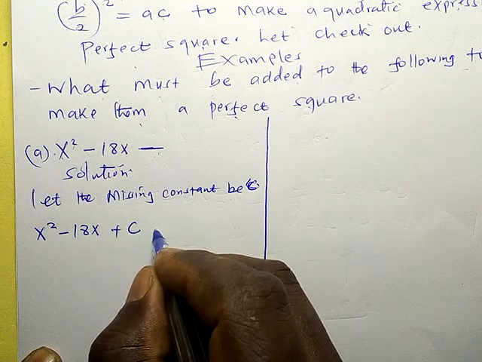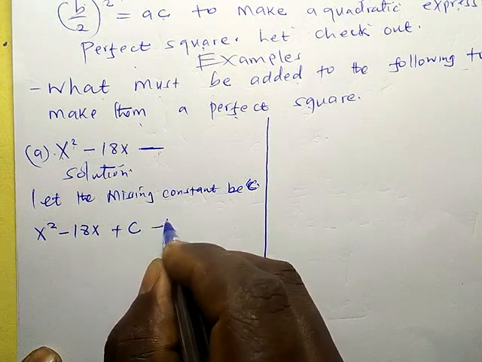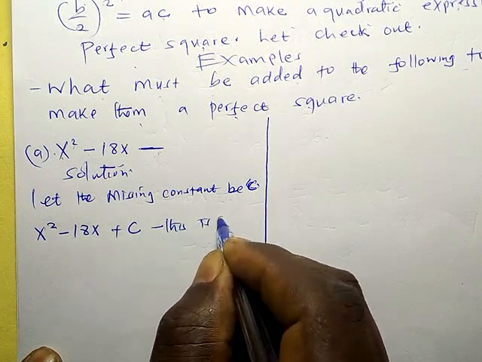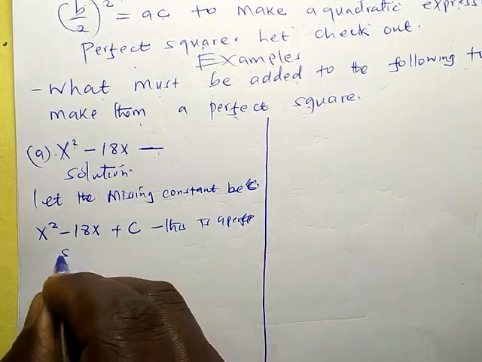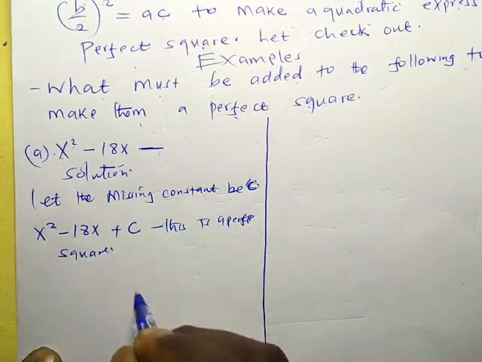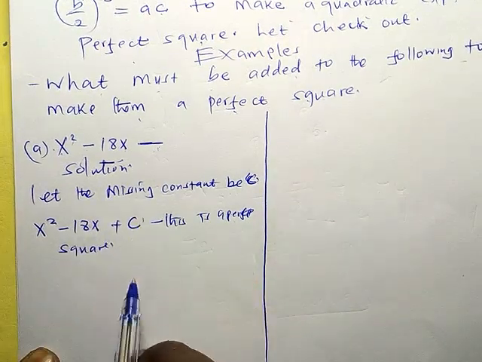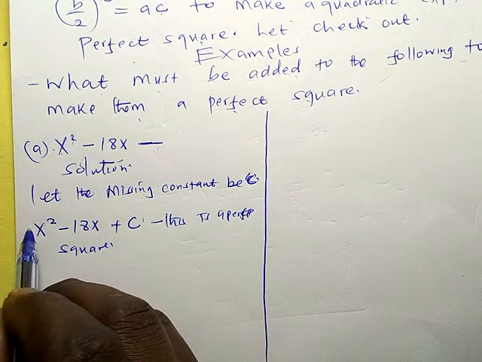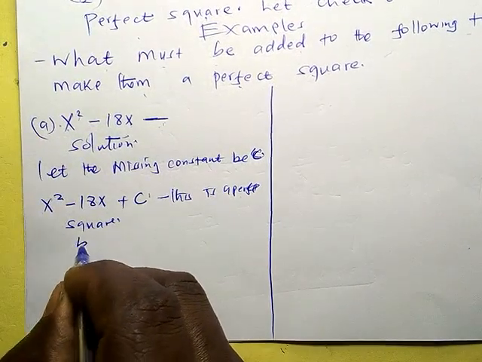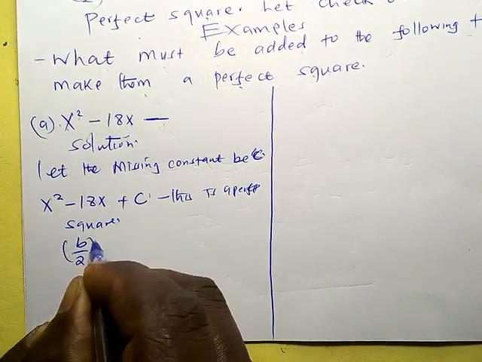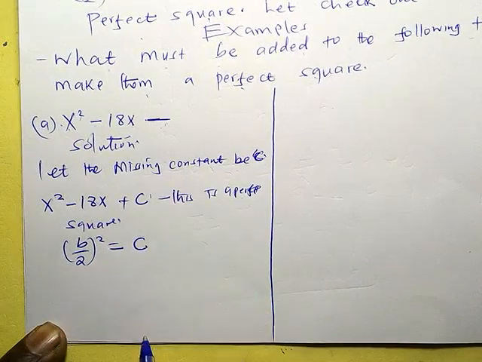Now this is a perfect square. Now if we have made it a perfect square, and the coefficient here is 1, then what it means is that (b divided by 2) squared should be c.